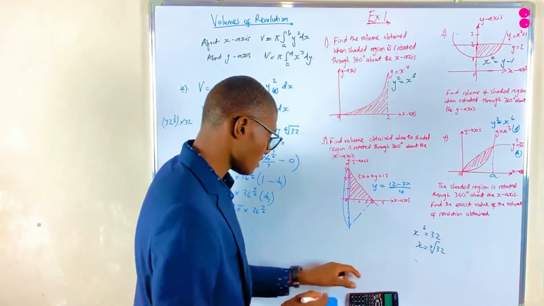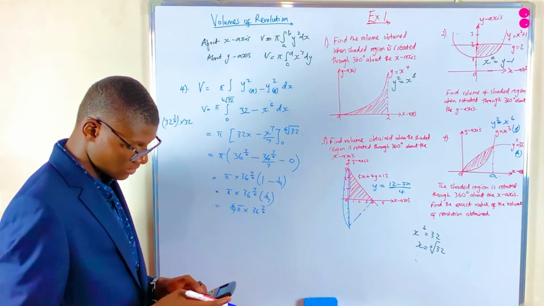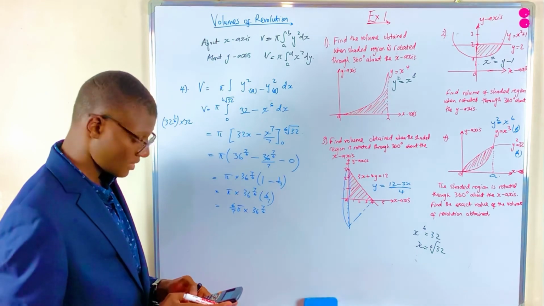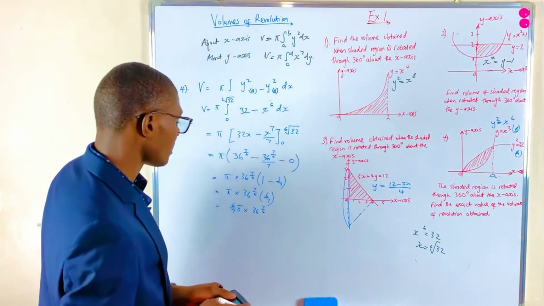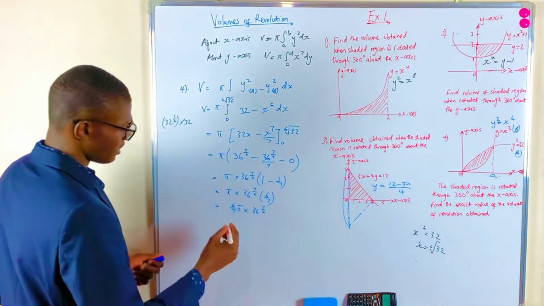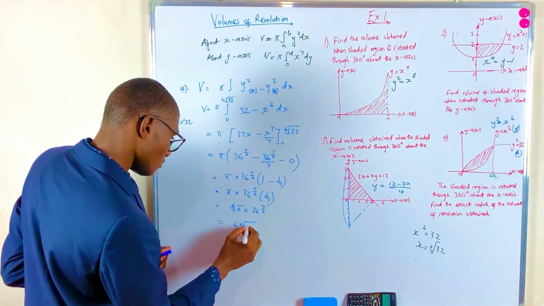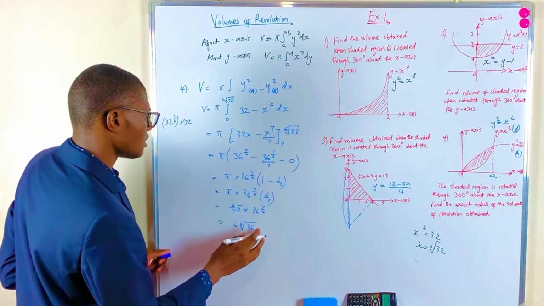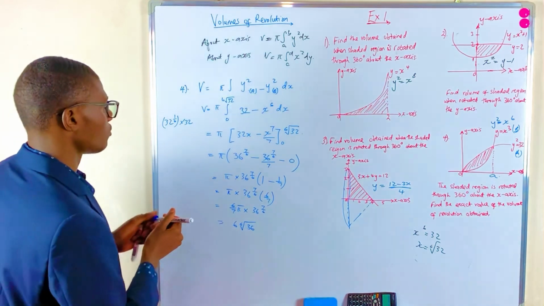Now let's see if we can simplify that. 32 to the power of 7 over 6 times 6 over 7. Of course, this is the answer that we get, which we can decide to write as the 6th root of 32. Why am I saying 36? It's supposed to be 32 actually.